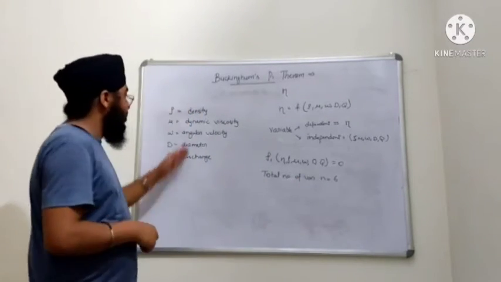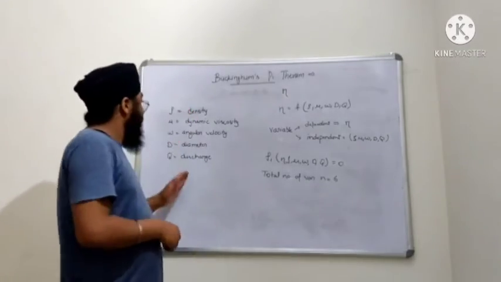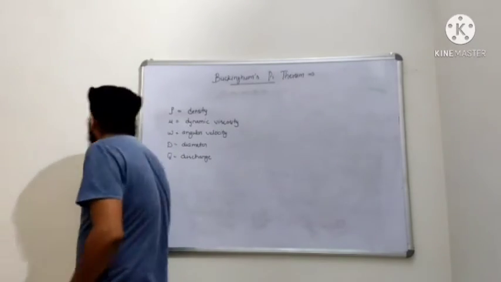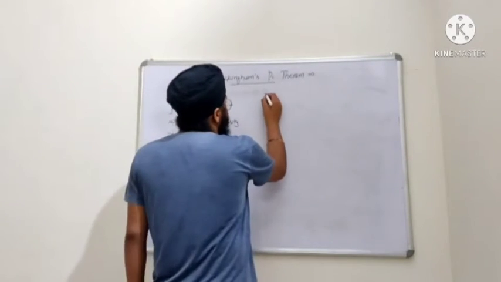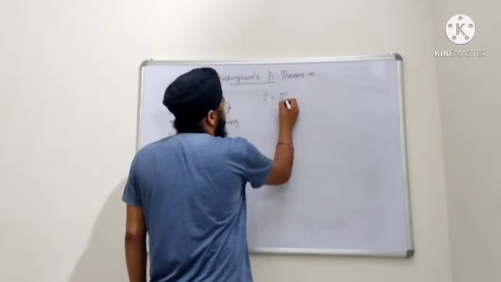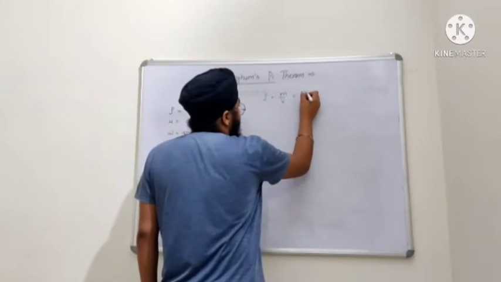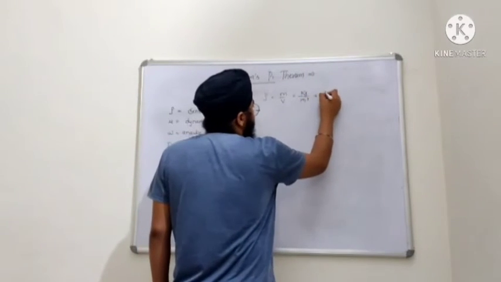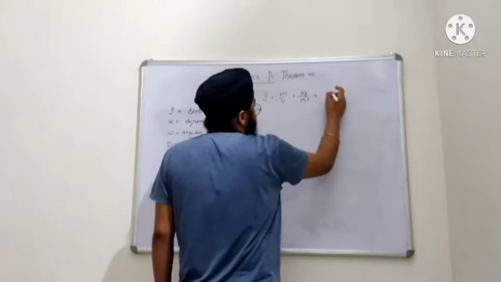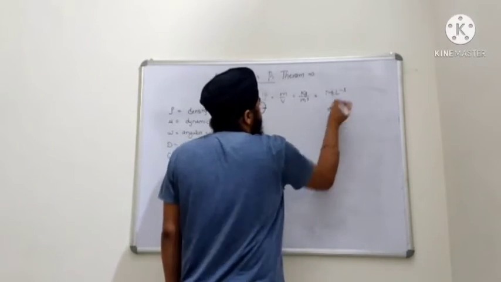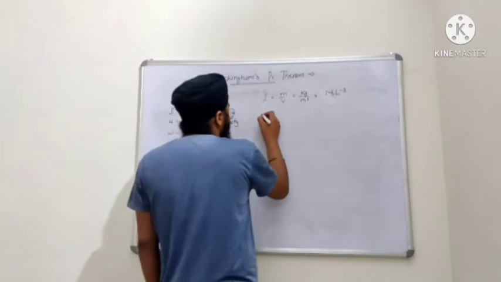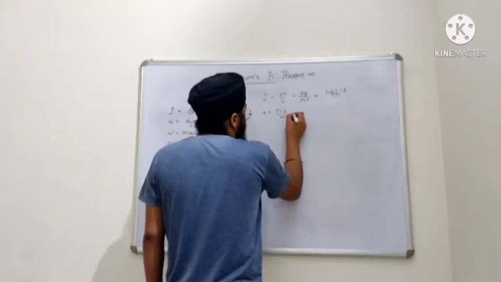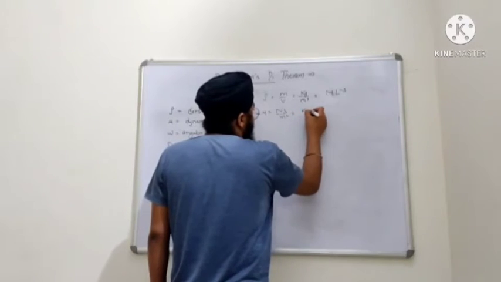Now, finding the dimensions of these. First, density is mass upon volume. Mass is kg, and volume is m cube. So it is M L minus 3. Now dimension of nu, which is N s per m square, nothing but kg.